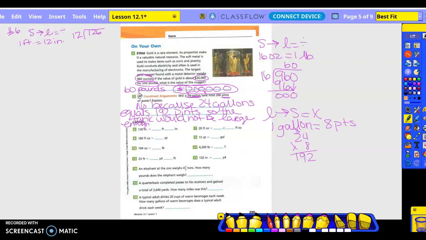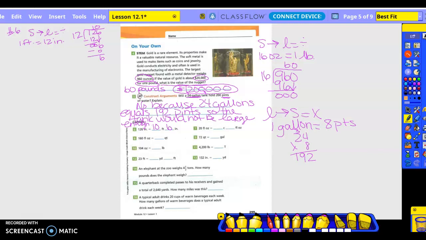How many times does 12 go into 12? 1. Minus 12. Bring down the 6. Can 12 go into 6? No, so 0. 12 times 0 is 0, and we're left over with 6. So our answer would be 10 feet, 6 inches, right?